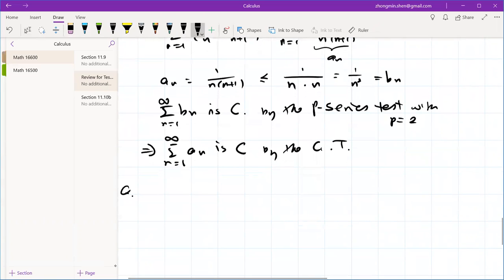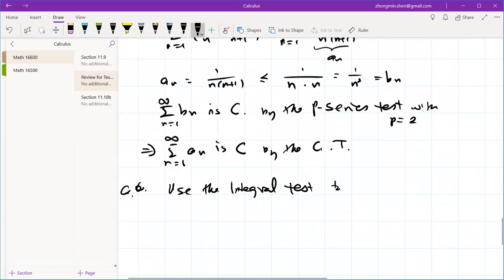And for example, this is number 6. You have to use an integral test to check the convergence. If I say use an integral test, you have to use the integral test.